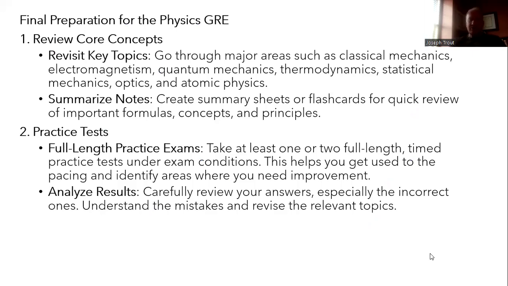Also, summarize notes. So create summary sheets, or what I did a lot as an undergraduate and as a graduate student is make flashcards, right? That you can carry with you. And as you're standing in line waiting for something, you can go through the flashcards or things like that.